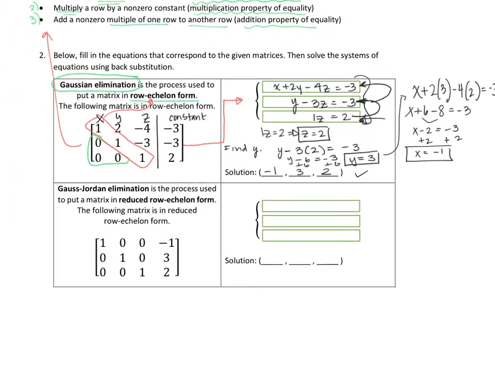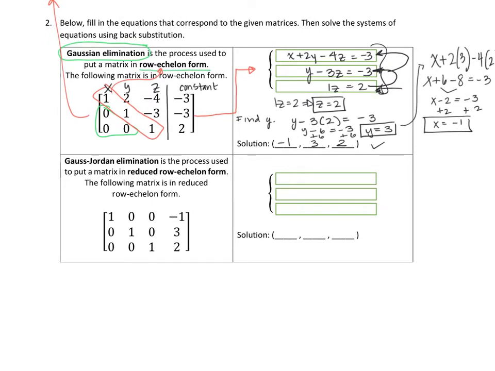Now, if we look at the second method here, this is Gauss-Jordan elimination. So you would do all those row operations mentioned above and put it in a reduced row echelon form. Reduced row echelon form means, well, I'm going to put my column here to separate my constants. If you notice, everything over on the left side is zeros and ones. And so what they did is still created the diagonal of ones.